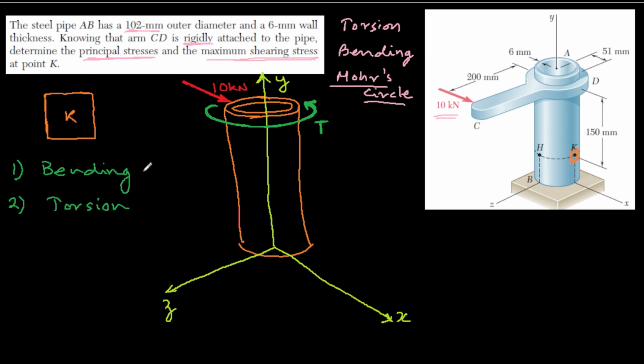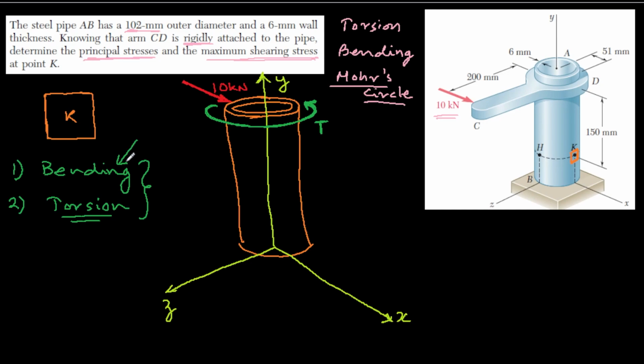Now, if you are finding difficulty to see how these two deformations are acting, you can split them. First, assume, if you are comfortable with torsion, that this pipe is completely rigid against bending.